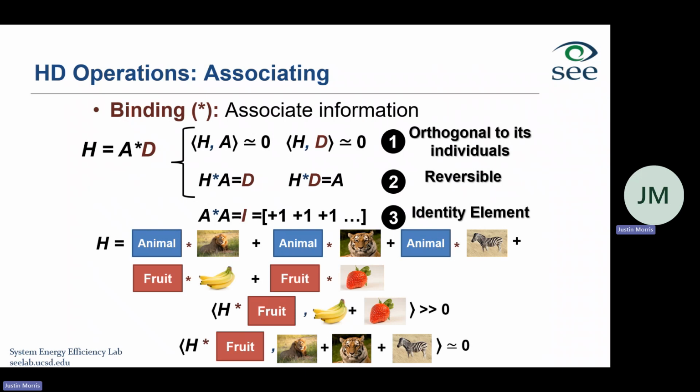If we multiply H by fruit, then we can extract all of the fruit information from H and see if fruit is in it. Whereas if we get all the fruit information from H and we see if the animals are in it, then we'll get a very low similarity score.